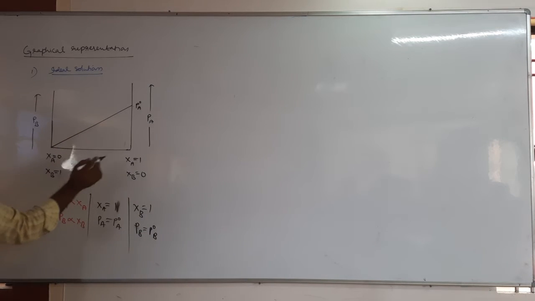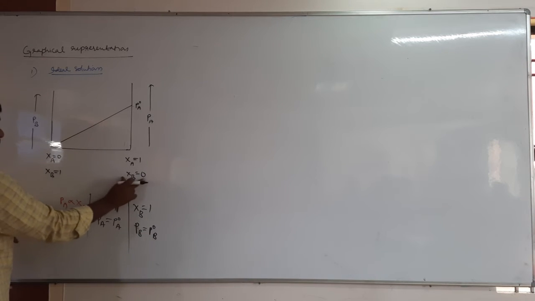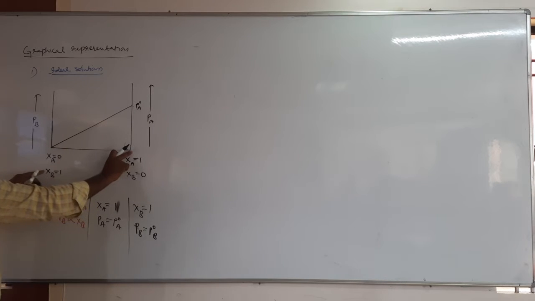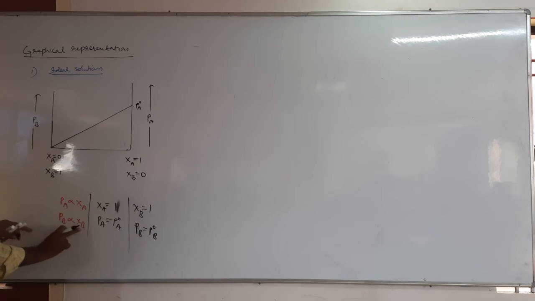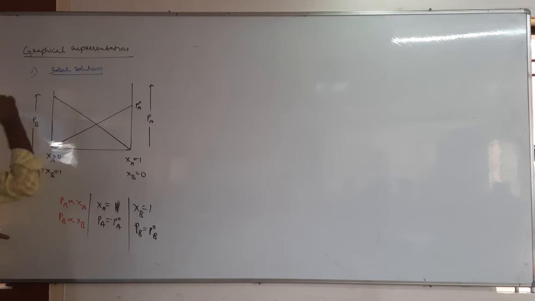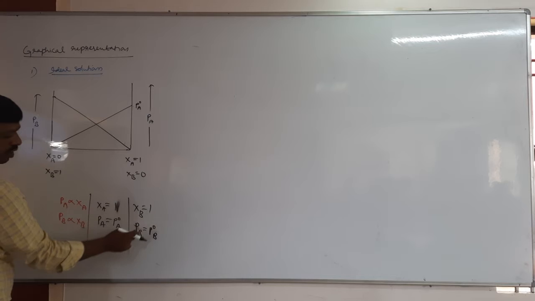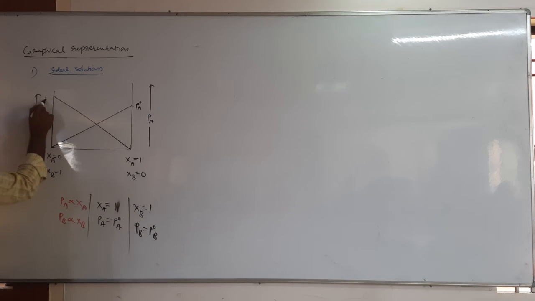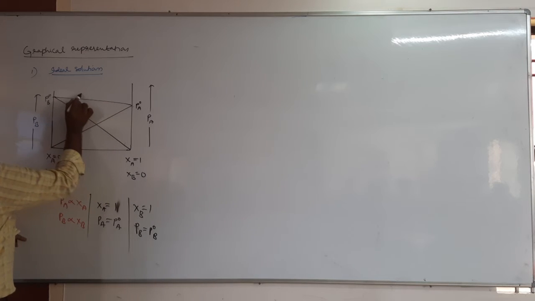Okay. Next, now here similarly XB here 0, XB directly proportional to PB. So when XB increases, PB increases. Therefore, XB is directly proportional to PB, like this. Now here, when XB equal to 1, PB equal to P naught B. This point is called P naught B. Okay, by combining these two, we will get what?